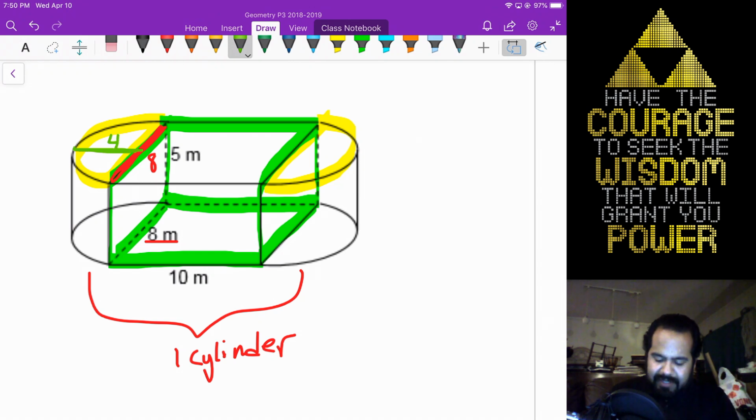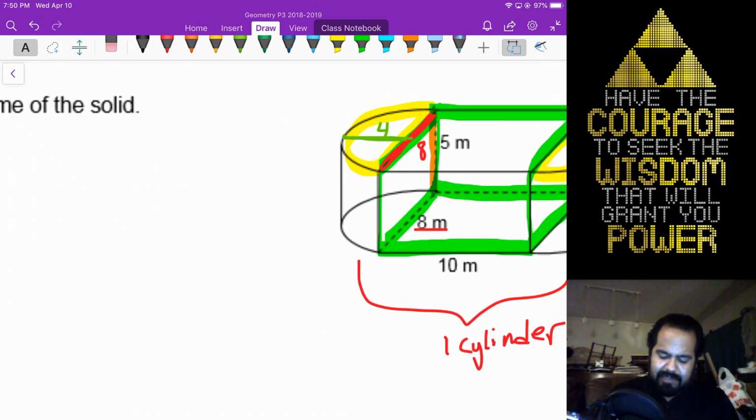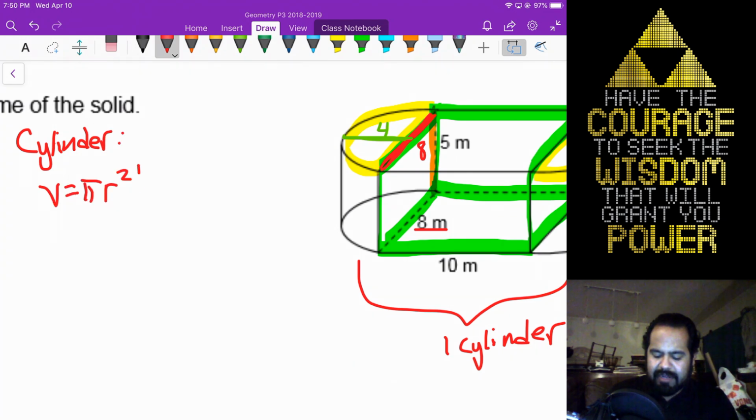Now the height of your cylinder, luckily for us, is our 5. So cylinder for volume, our volume is equal to pi r squared h.